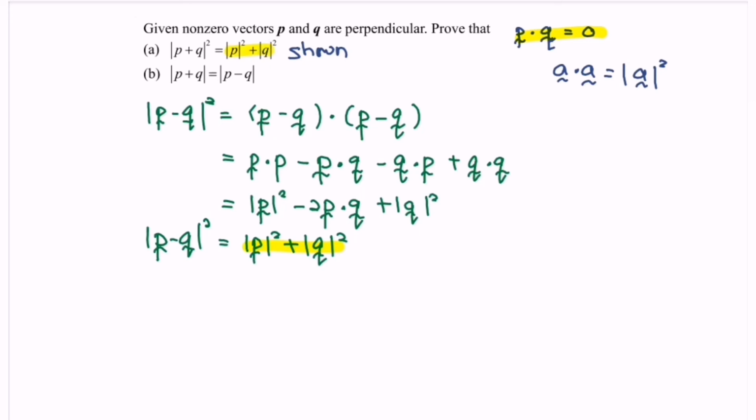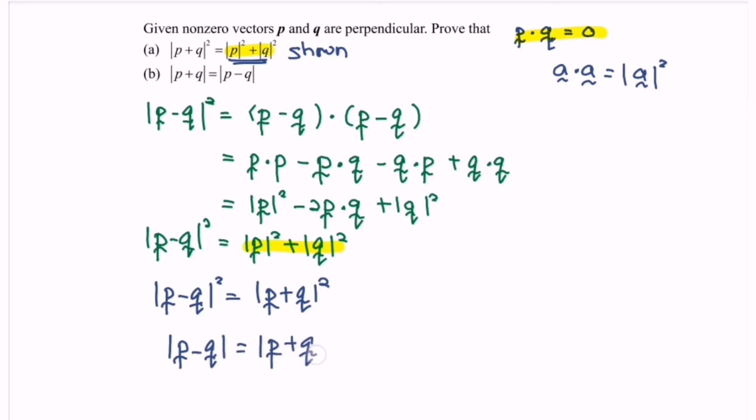And from the A, we notice that actually the magnitude P plus Q squared is equal to this part. So at the same time, the magnitude P minus Q squared is equal to P plus Q with the magnitude squared. So simplify the situation. The magnitude P minus Q is equal to the magnitude of P plus Q. So we have already shown the situation.